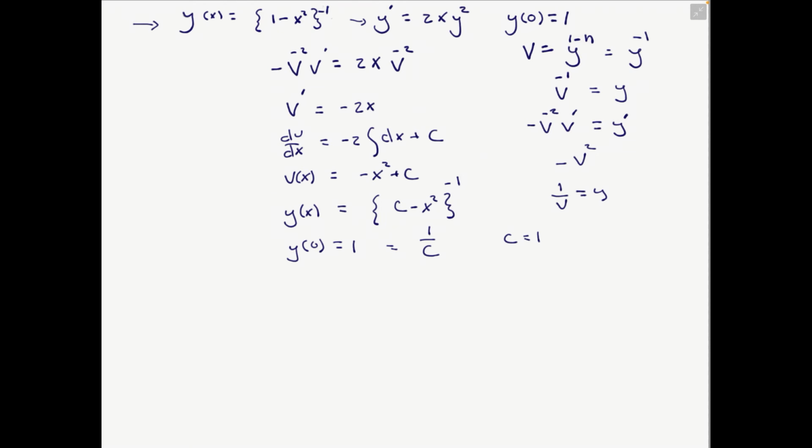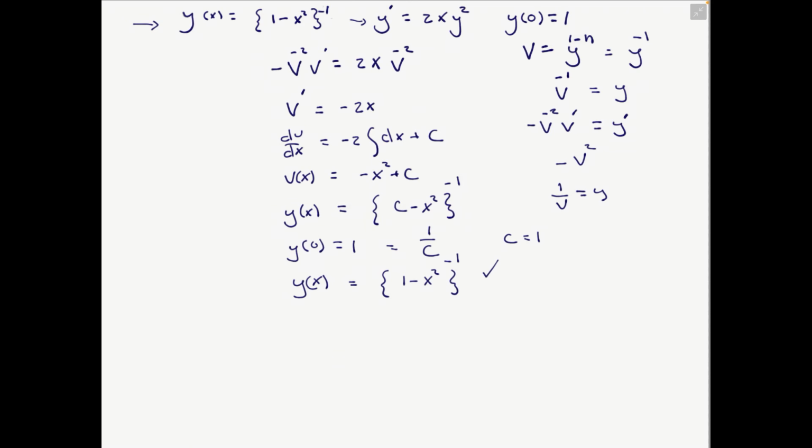Therefore, c equals 1, and y of x is equal to 1 minus x squared to the negative 1. And that is our solution. And it matches what we were given.